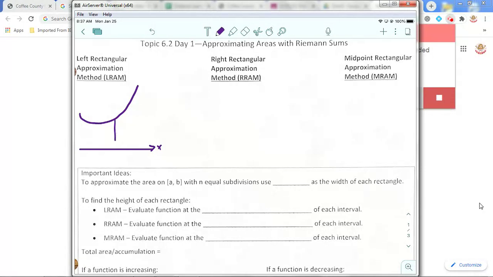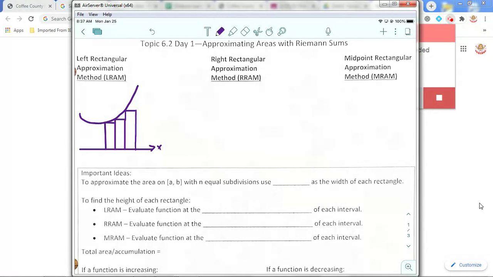And the left corner of each rectangle is going to be on the curve, all right? And the rectangles are right on top of each other. And we just fill an area with those rectangles where the left corner is on the curve.